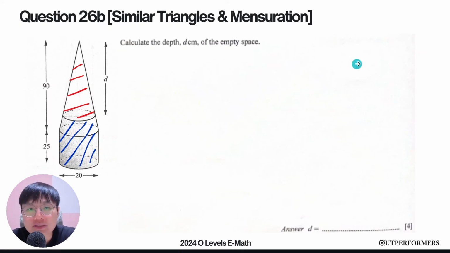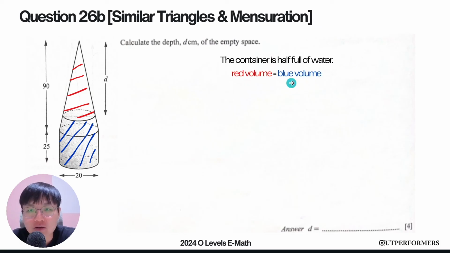Since it's half full, we can say that the red volume equals the blue volume as indicated over here. And what do we have for the red one? It's like a mini cone, a small cone, then this one is the bigger cone, right?